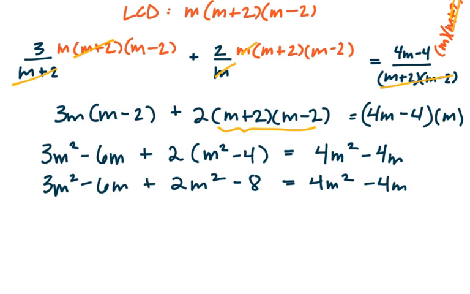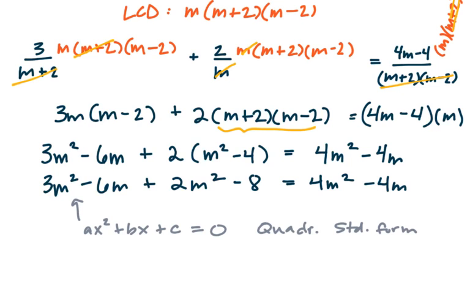And if it's quadratic, we want it in that descending order, ax squared plus bx plus c equal to 0. So as soon as we notice it's quadratic, we want to get it into that standard form.